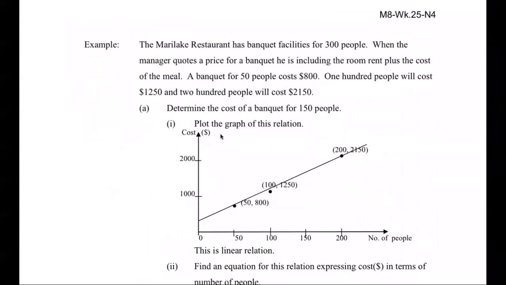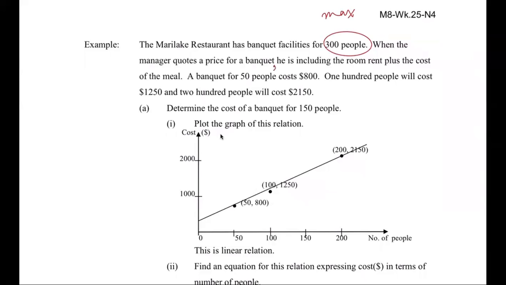Let's look at the example. The example says the Murray Lake restaurant has banquet facilities for 300 people. So these banquet facilities are enough for a maximum of 300 people. When the manager quotes a price for the banquet, he's including the room rent plus the cost of the meal.